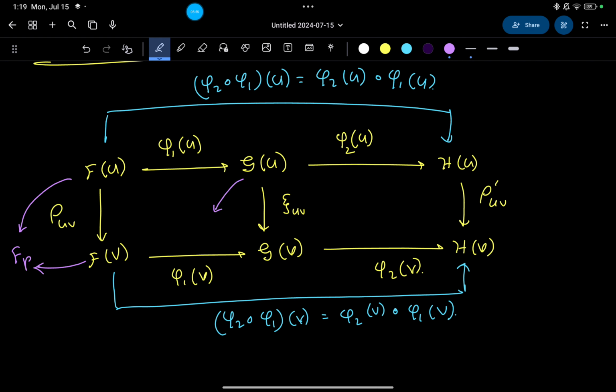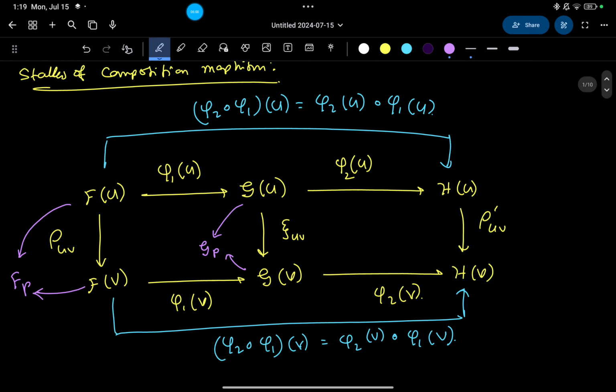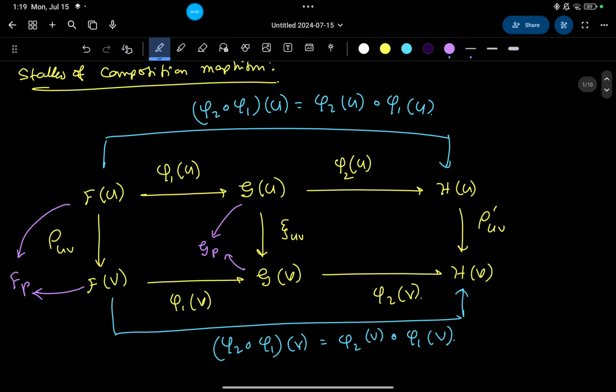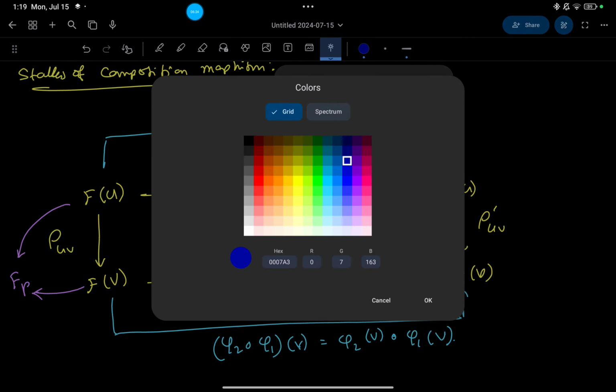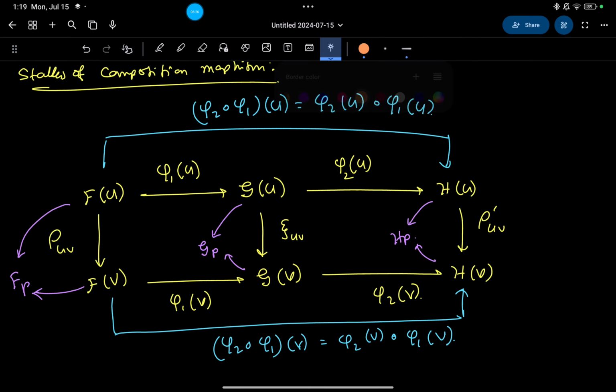From G(u) to G(p) there are maps, and from H(u) to H(p) there are maps. Alright, now you see one thing: from F(u) to G(u) you have phi of u, and also from here to here you have the map on G(u).